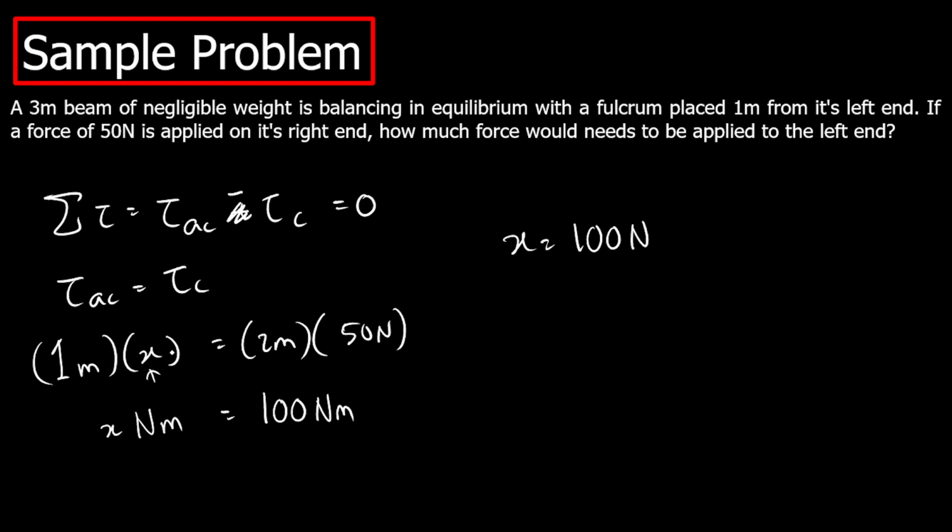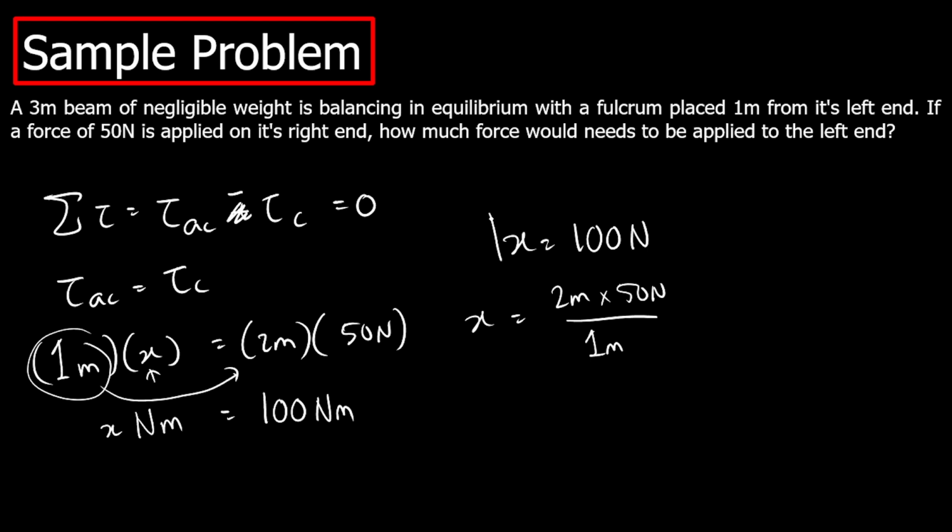This can easily be seen if you bring the 1 meter to the right hand side, so x equals 2 meters times 50 Newton over 1 meter. The final solution: the amount of force you need is 100 Newton applied to the left end.